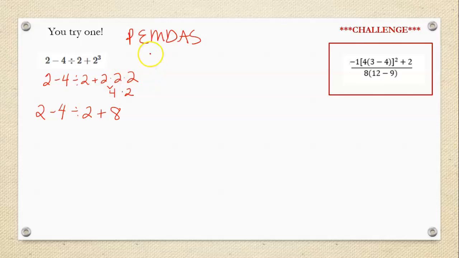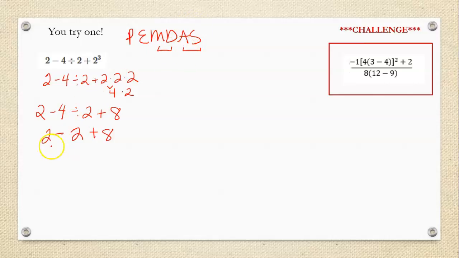So we did exponent. Now we're to the multiplication. I don't see any multiplication. So let's do D, division. We have a -4 divided by 2. That's going to be a -2. Now we have addition and subtraction. Something I want to point out to you guys is that multiplication and division, you can mostly do those in any order, working from left to right, and similarly with addition and subtraction.